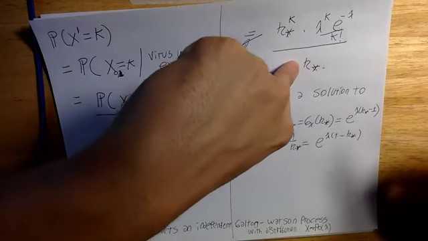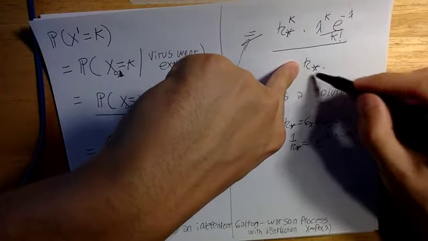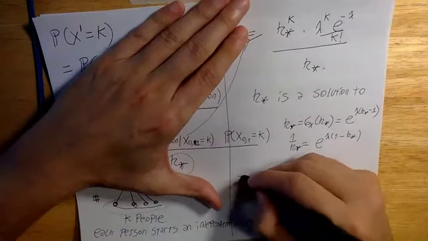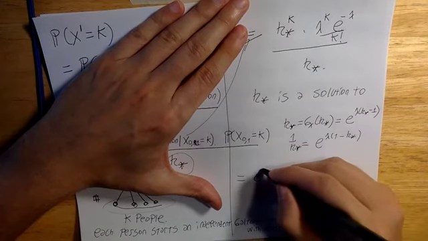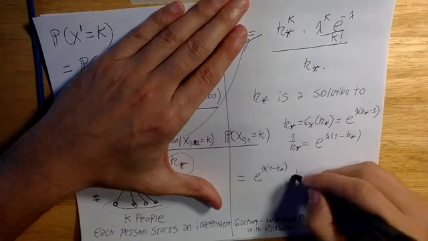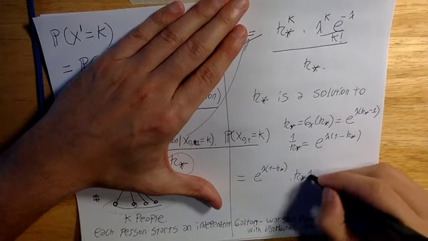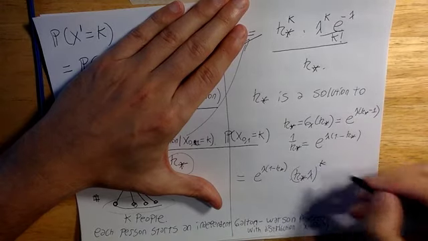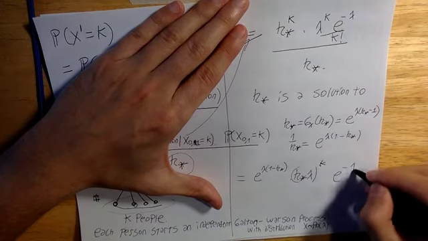Then this 1 over eta star, I can get it to be equal to e to the lambda 1 minus eta star, times eta star to the k lambda to the k e to the minus lambda.